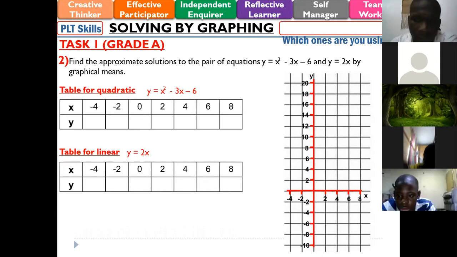Now, like I said, for each value of x, substitute into the quadratic equation, and you get the corresponding value for y. So we are doing this, you have all these answers. Now you find the corresponding points and locate them on that graph sheet.